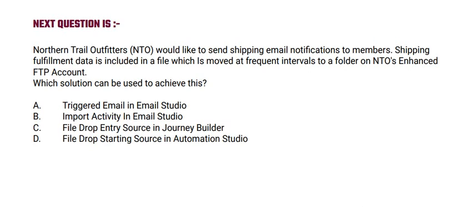Options are: option A, triggered email in Email Studio; option B, import activity in Email Studio; option C, file drop entry source in Journey Builder; and option D, file drop starting source in Automation Studio. The correct option is option D.